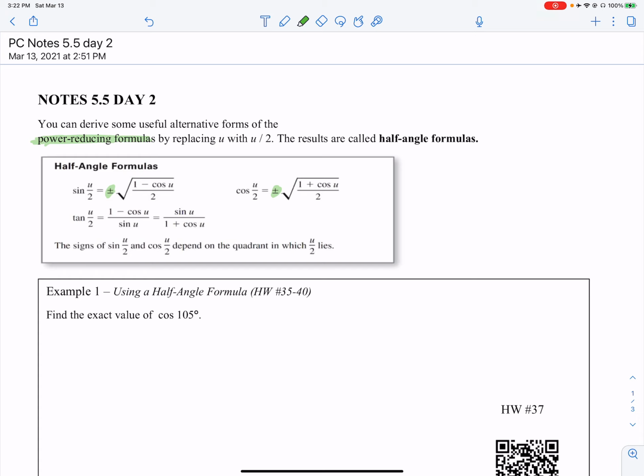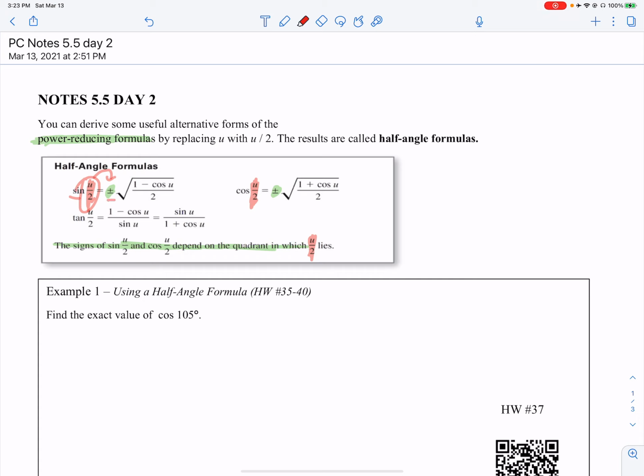How you choose whether it's positive or negative depends on the quadrant in which u over 2 lies. So you're going to be looking at this angle, figuring out what quadrant it is in, and then you choose according to whether sine is positive or negative in the quadrant u over 2 falls in.